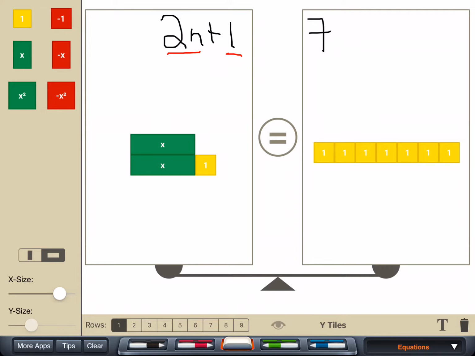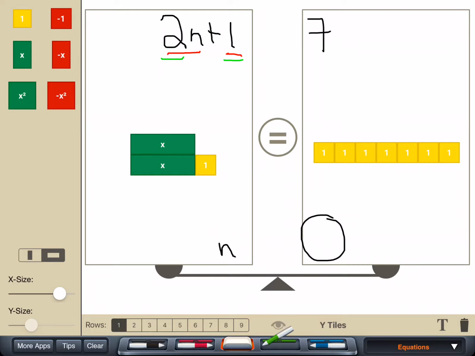So, a couple of things that we need to remember here from our introduction into solving one-step equations. Number one, our goal is to isolate the variable. We want a statement at the end that looks like this: n on one side and equals something, the answer, on another. So in order to do that, we need to isolate the variable by getting rid of the addition of 1 here and the multiplication of 2.